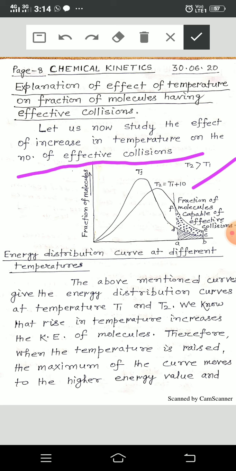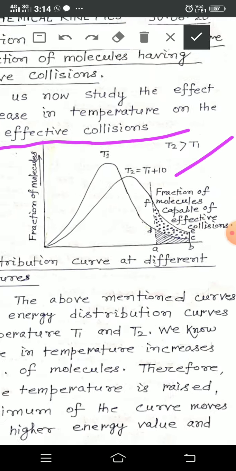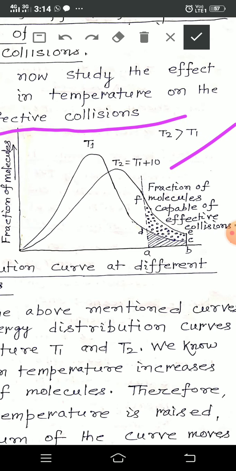This graph simply shows that when temperature is raised, the fraction of molecules will increase, which is shown in this graph by FDCE.